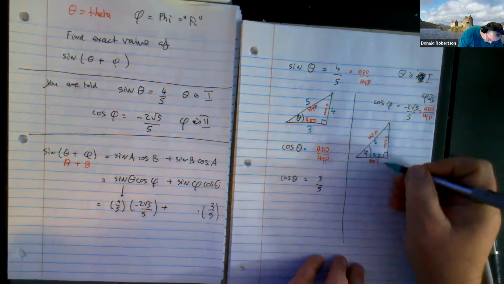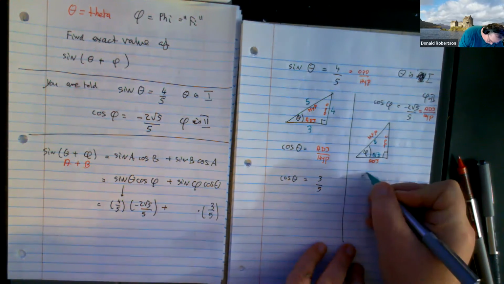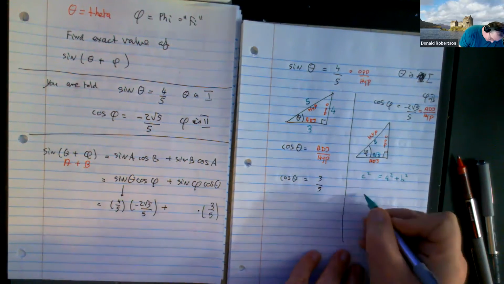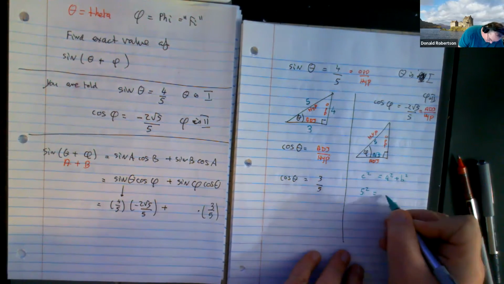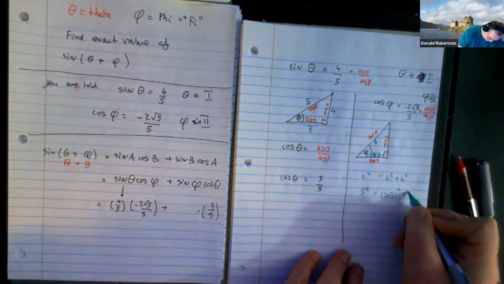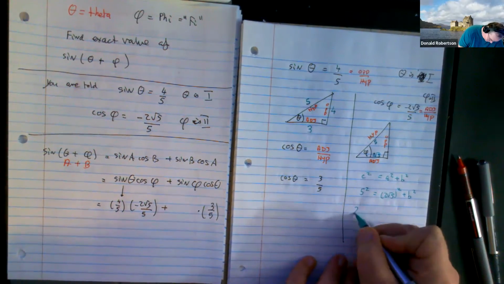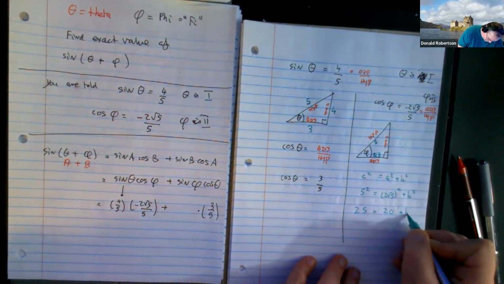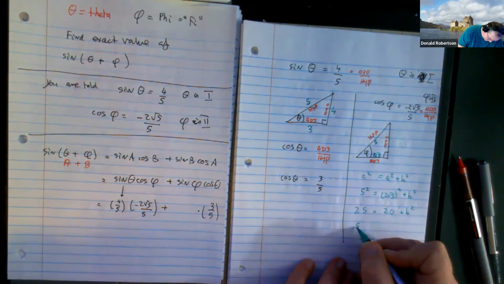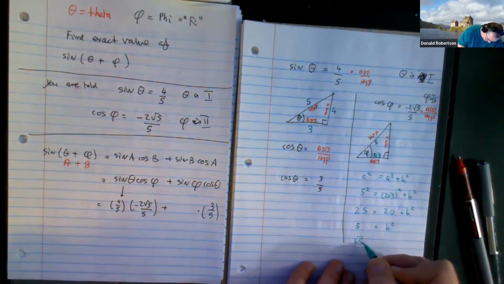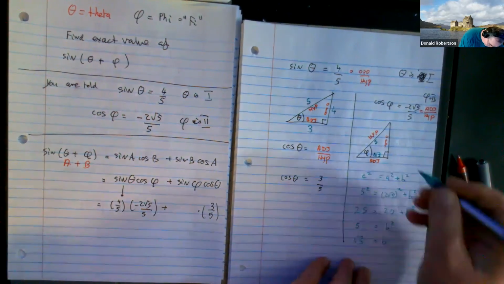So I now need to find out what the opposite is. So I'm going to do c squared is a squared plus b squared. 5 squared is 2 root 5 squared plus b squared. 25 equals 20 plus b squared. 5 is b squared. So b, after a lot of hard work, is the square root of 5.